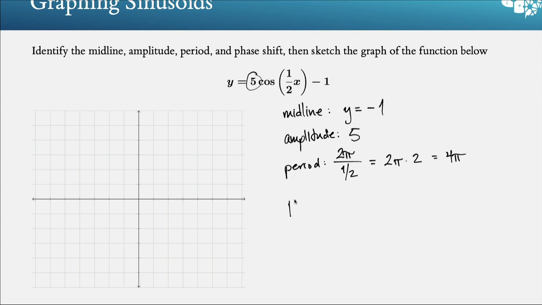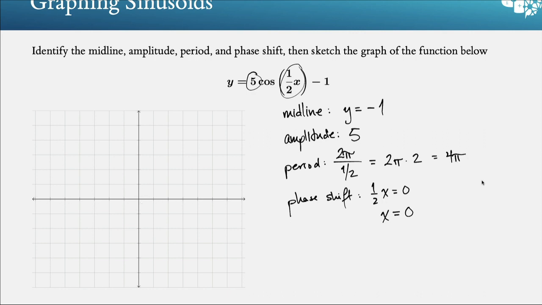And then our phase shift, which we get by taking the thing inside and setting it equal to 0. Solve for x, and of course here we just get x equals 0. Okay, so I am going to start drawing. Now, as I said, I like to take my period and divide it by 4 and say that's the biggest that each unit should be in the horizontal.